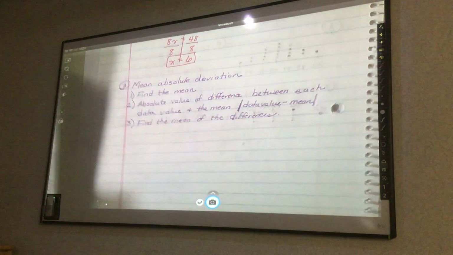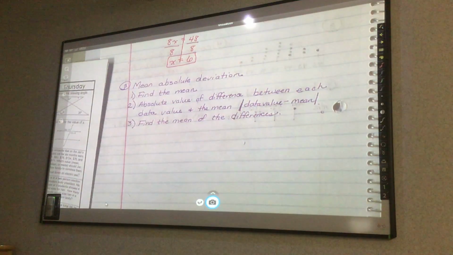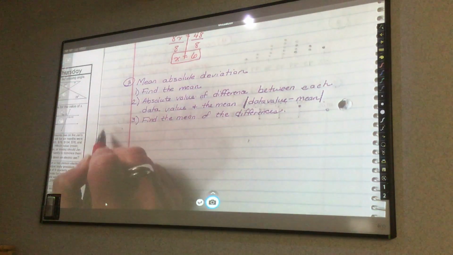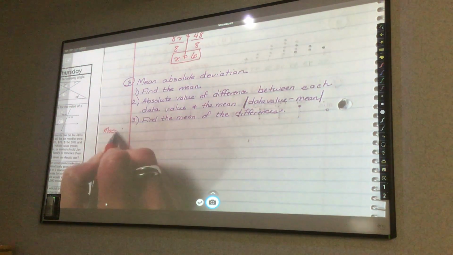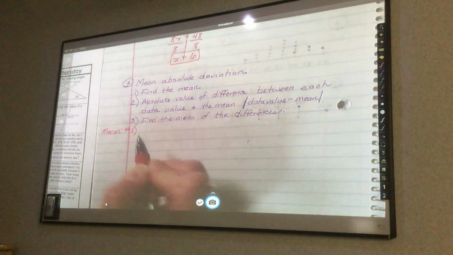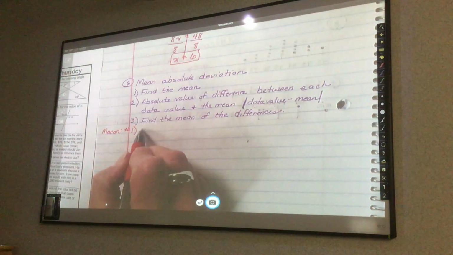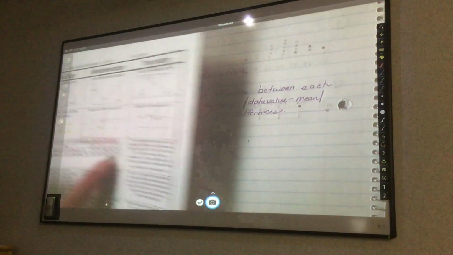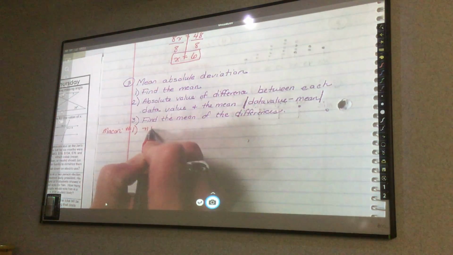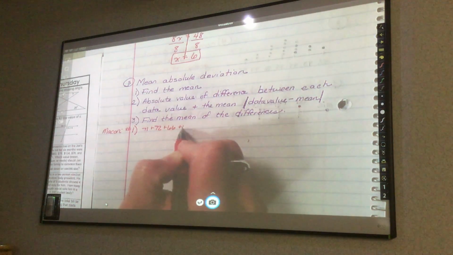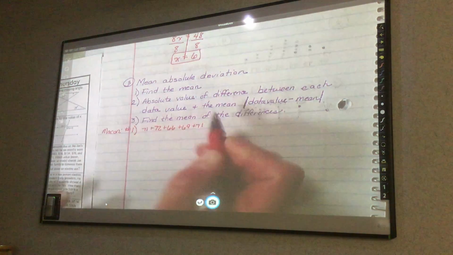How many of you knew how to find the mean absolute deviation? So what we're going to do first for McCone, step 1, we're going to find the mean. So 70, you guys see where I'm getting my numbers, 71, 72. So 71 plus 72 plus 66 plus 69 plus 71.